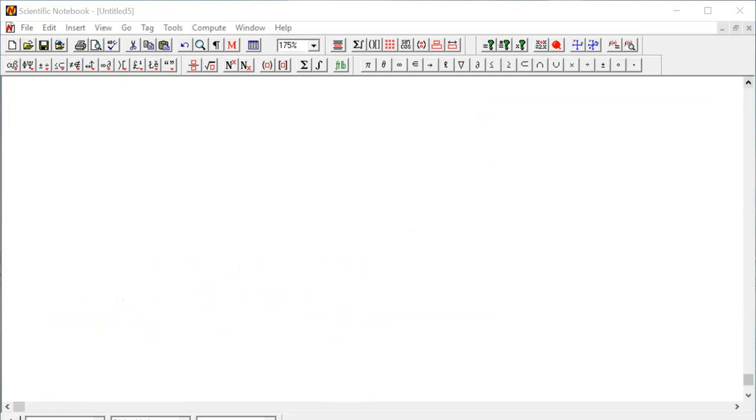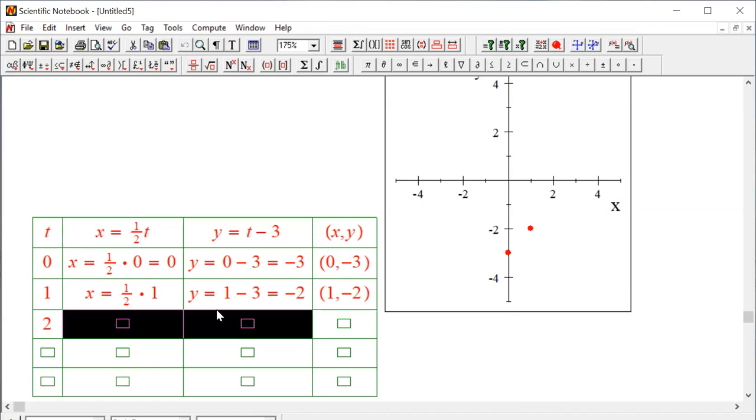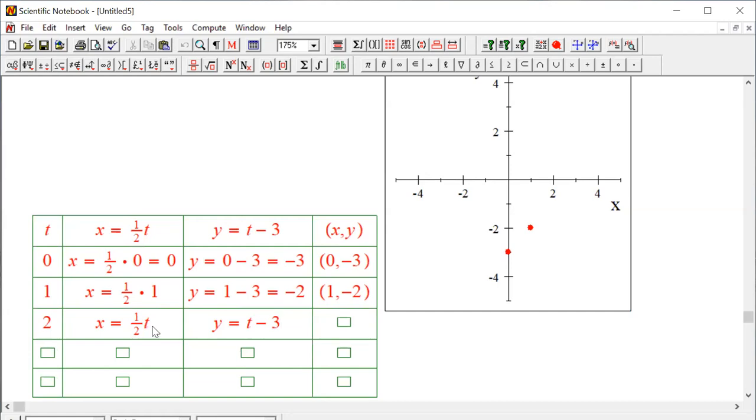All right, so let's keep going and plot the next point, say, 1 moment later. We get these two functions, and t will be replaced by 2. x is half times 2, and y is 2 minus 3. The point is going to be 1, -1.